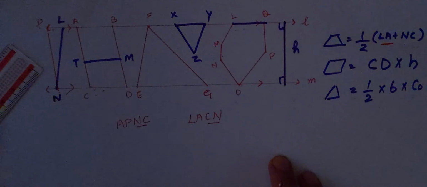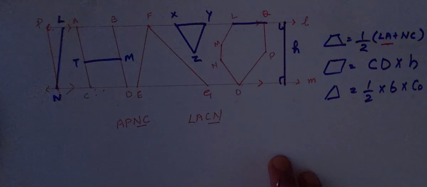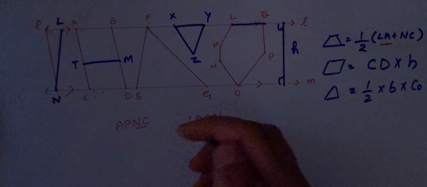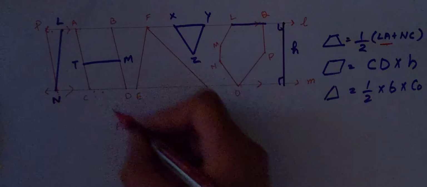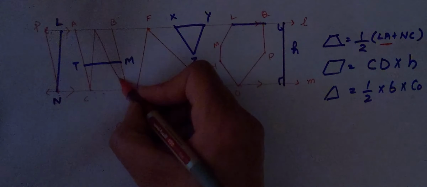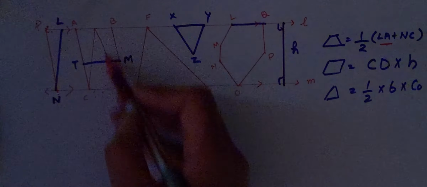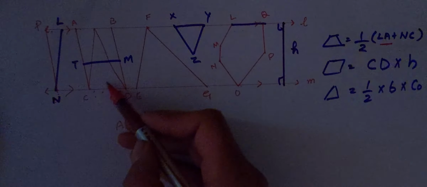So in your first question, many of you were making mistakes. You were not checking whether it's a parallelogram or something else, and you were equating the areas. In fact, suppose this triangle here and this parallelogram have the same base and same height, which is H. Will the area be the same?